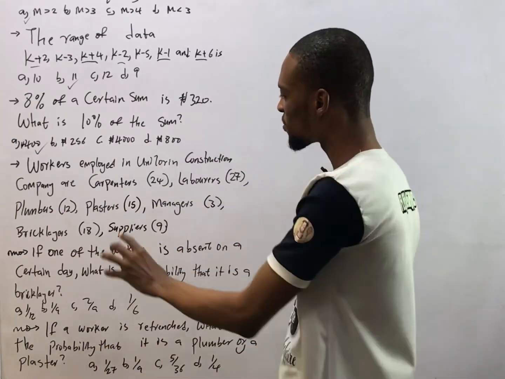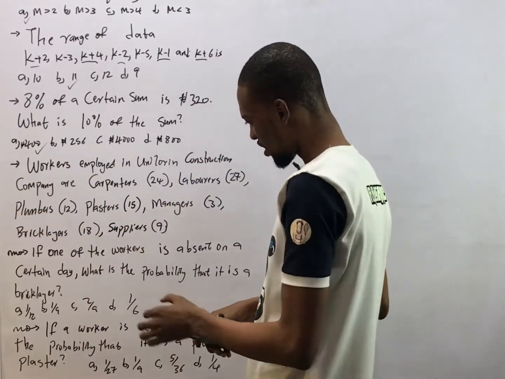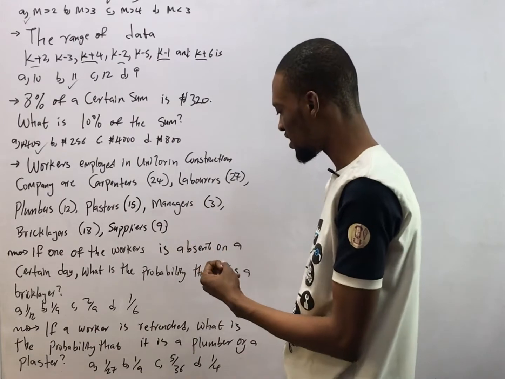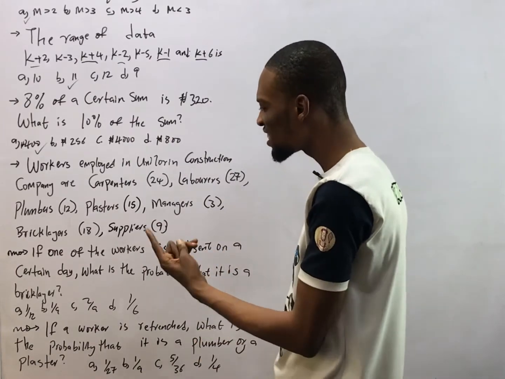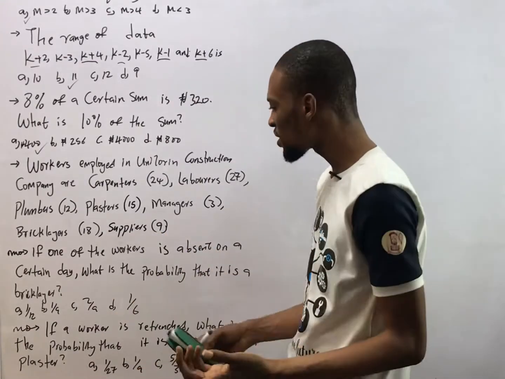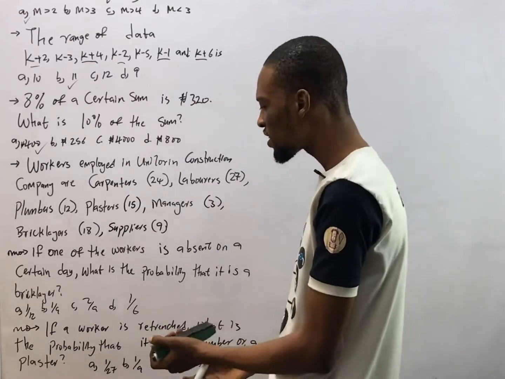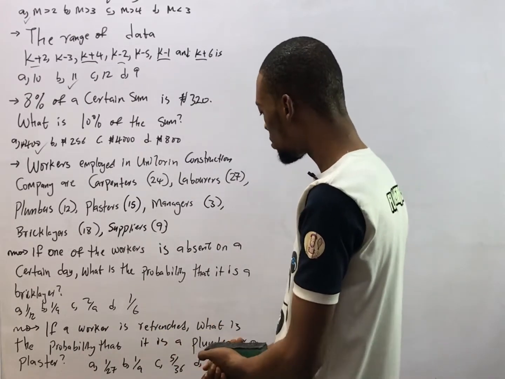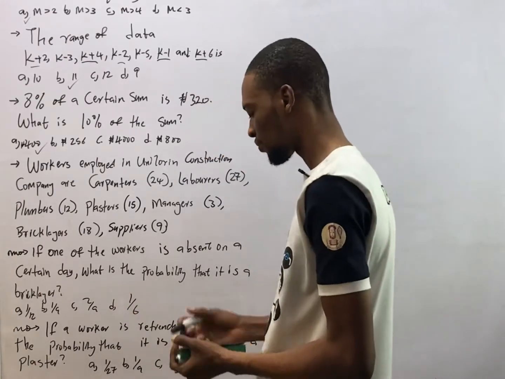So the first question from this area says, if one of the workers is absent on a certain day, what is the probability that it is a bricklayer? Then in the next question, it says that if a worker is retrenched, what is the probability that it is a plumber or a plaster? And these are the options.